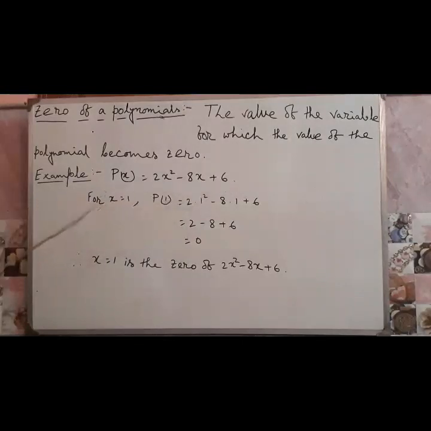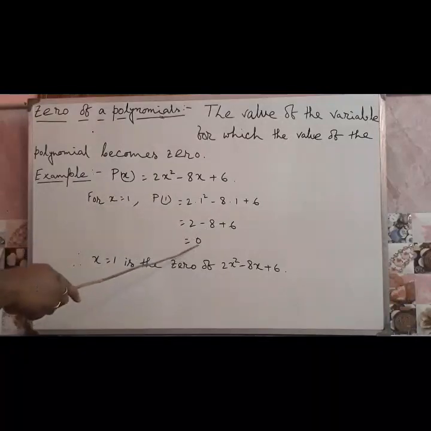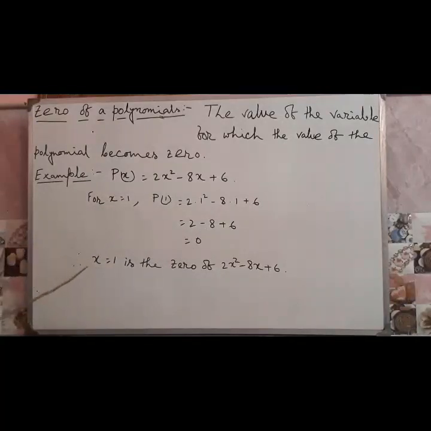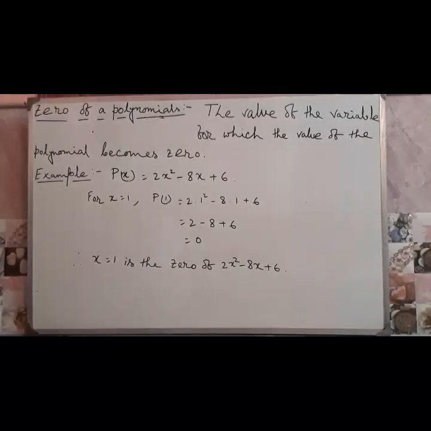Now you see, for x equal to 1, the value of p of x becomes 0. Therefore, this value of the variable x, that is 1, is called a zero of 2x square minus 8x plus 6.